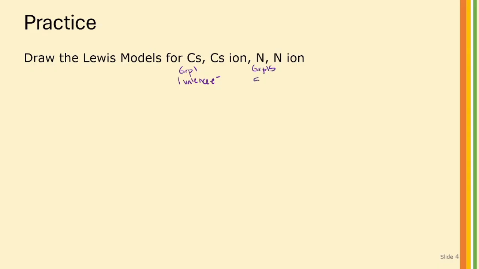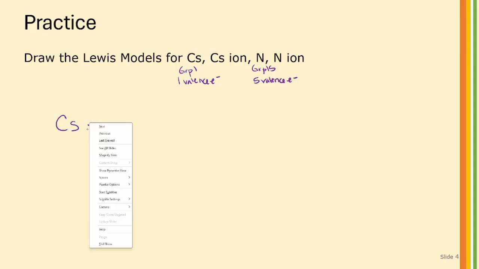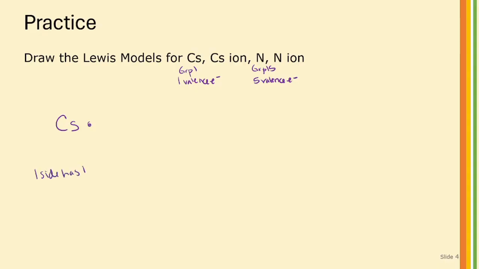It has 5 valence electrons. And remember, we're going to put the symbol, cesium, and then we're going to put the dot on one side. There's only one. It doesn't matter which side it is. One side has 1 dot, 3 sides have 0 dots, but it doesn't matter which side I had picked.